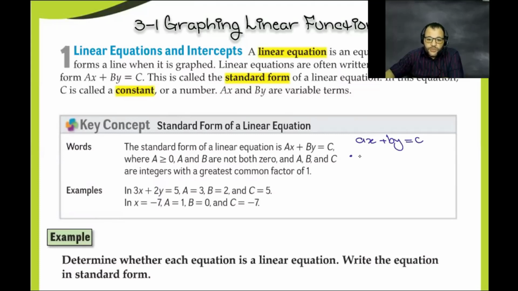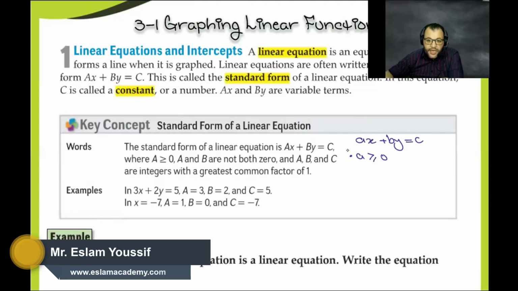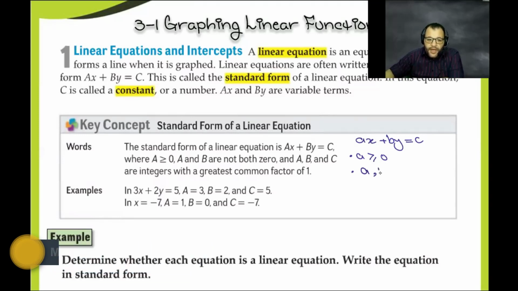The first condition is that a must be greater than or equal to 0. We can't write a as a negative number. The second condition: a and b are not equal to 0 at the same time.